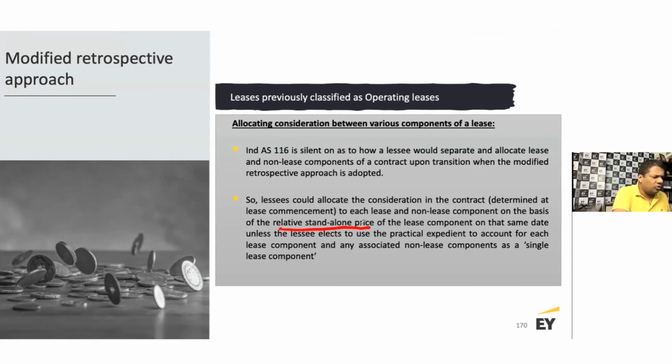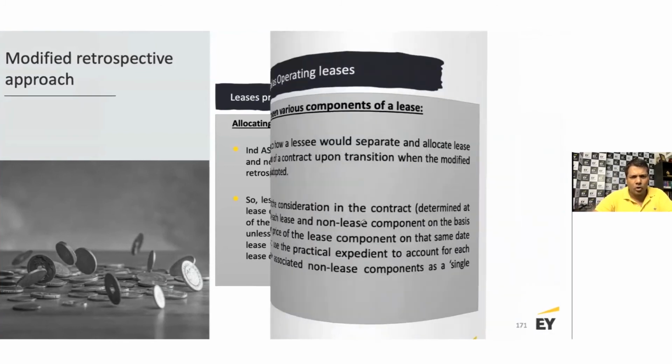That is what you will do. You will determine the fair value of the lease component, fair value of the non-lease component, determine the total consideration, determine the discount which you received, and then allocate the discount to each of these components and then do the accounting accordingly. Though the transition principles are not very detailed around this, this is what we believe you need to follow.